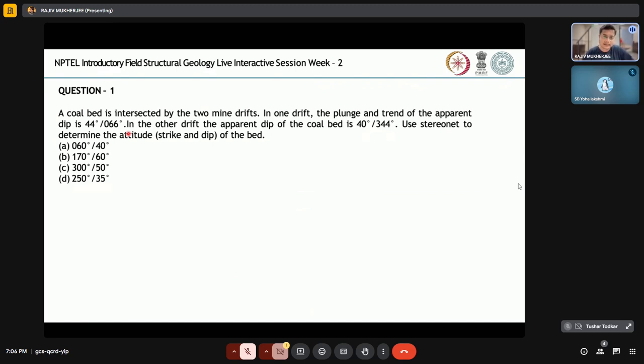Other than that, there are several conceptual questions related to folding. We learned a little bit of folding mechanisms in week 2, not entirely folding.